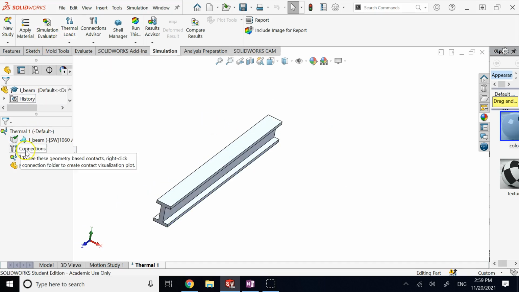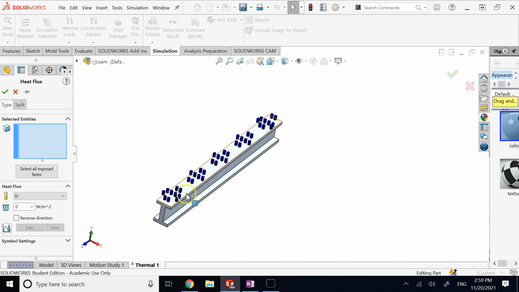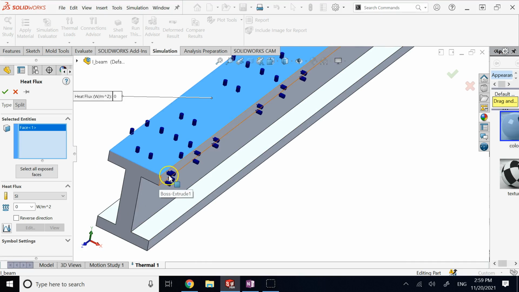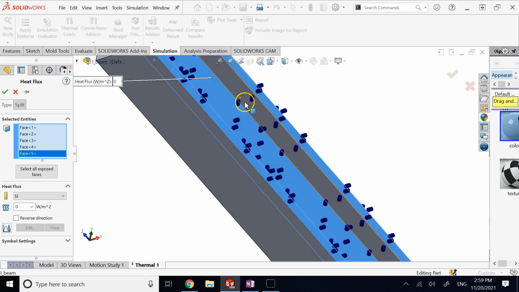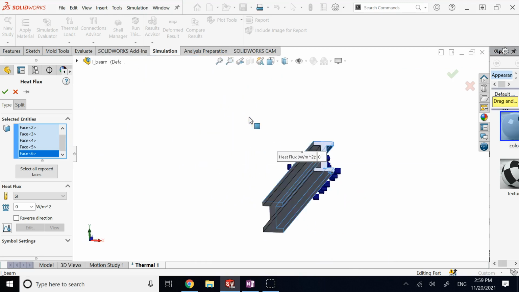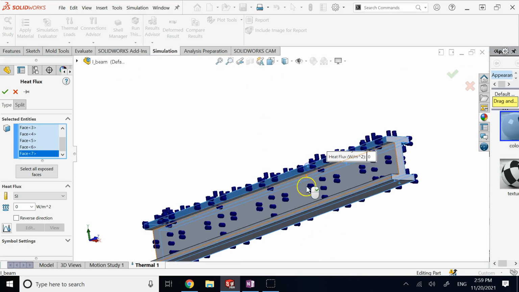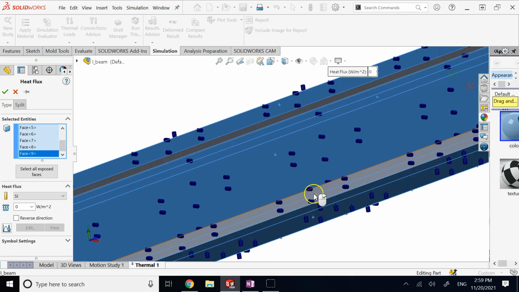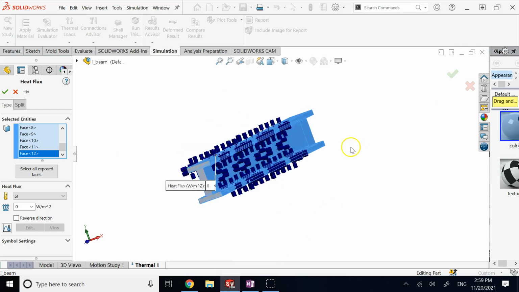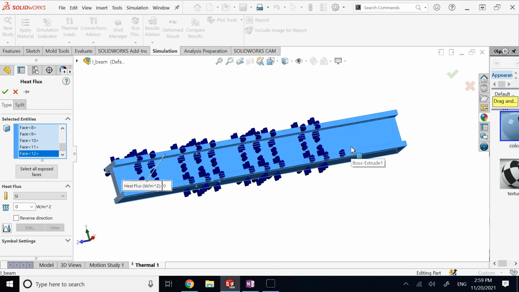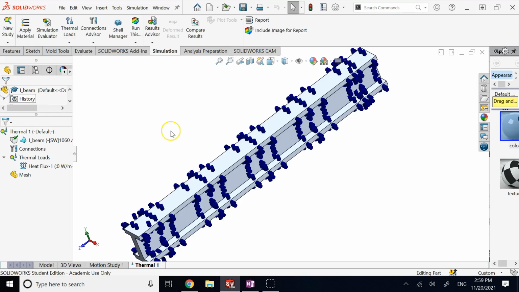So let's go ahead and do it. So right click, heat flux, and here I make heat flux 0, so definitely it means there is no heat coming here or going out. And any side surface of this part, I try to do insulation on it. So nothing goes in and out from any side of this part here, like this. So all surroundings are completely insulated like this.